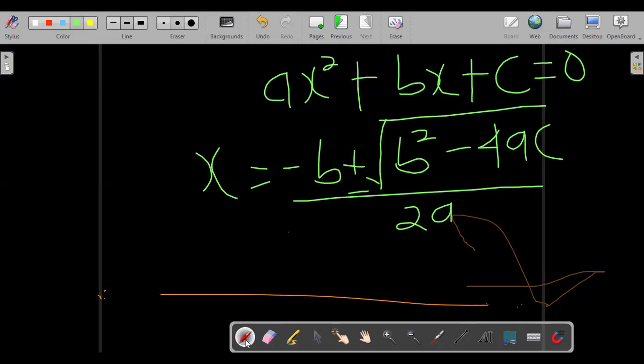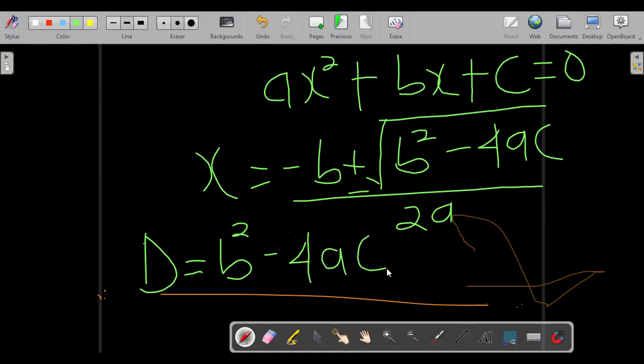From here, they classify D, our discriminant, as b squared minus 4ac, which is what is inside the square root. There are 3 conditions for the discriminant.